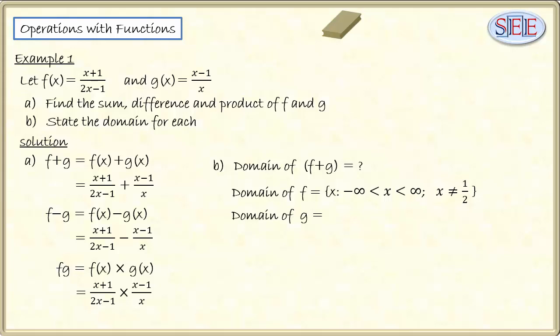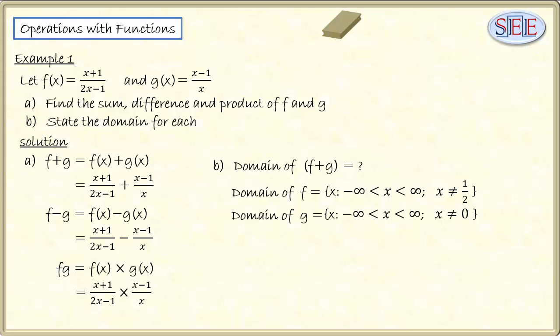So the value 0 for x makes your denominator 0. So your domain for g will be all the real numbers with the exception of 0. The domain of g will contain x such that x is from minus infinity to infinity, but x should not be 0. So I now have the domain of f and the domain of g.